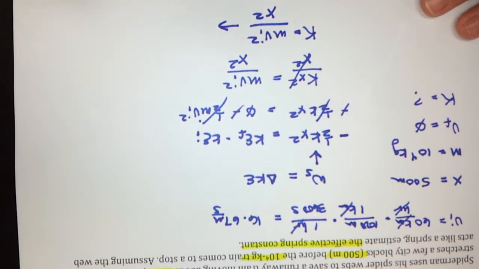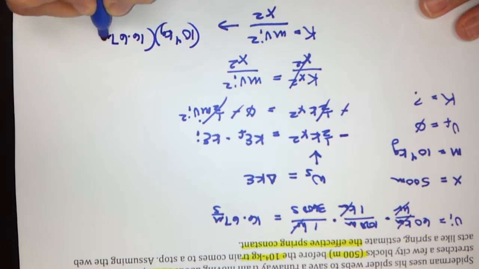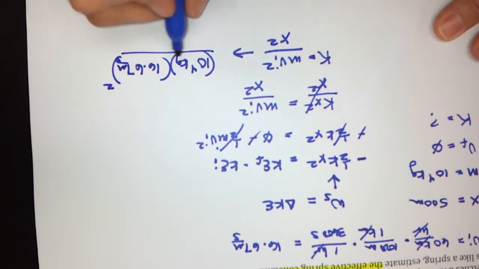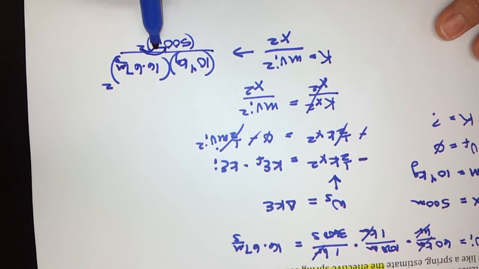So we plug in: our mass is 10 to the 4th kilograms times 16.67 meters per second, squared, over 500 meters, and all of that is squared. I put parentheses around this because if I put the square just on the meter, it only looks like meter squared. If I put it outside the parentheses, it distributes to both the 500 and the meter. That's an important thing to note.